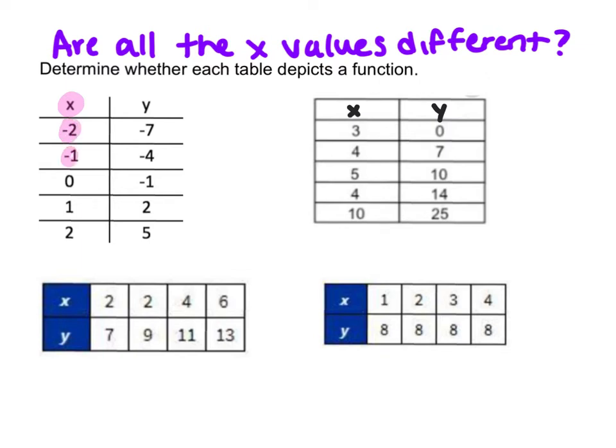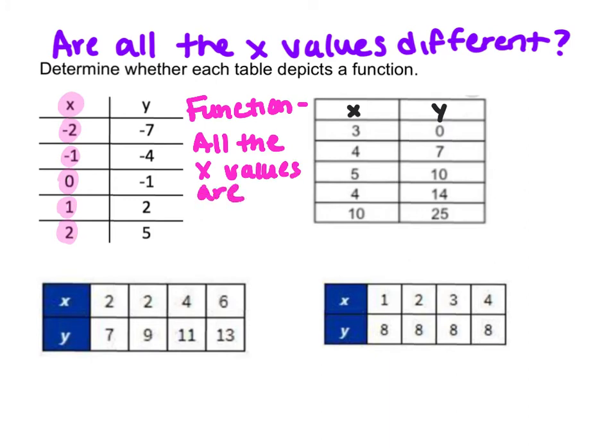So I have -2, -1, 0, 1, and 2. And these x values are all different. There's no repeats. So you could say it's a function, and your reason would be all the x values are different.